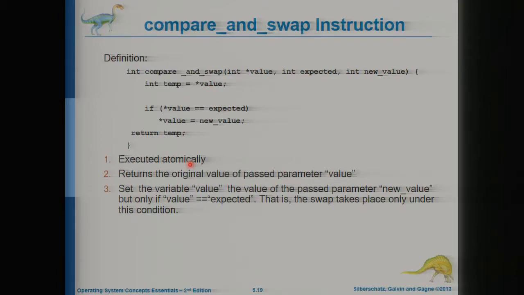Next, it returns the original value passed by parameter value, and sets the variable value to the passed parameter, new value. But the swap takes place only if value is equal to expected. So the expected value and value are initially 0. 0 indicates false and 1 indicates true.